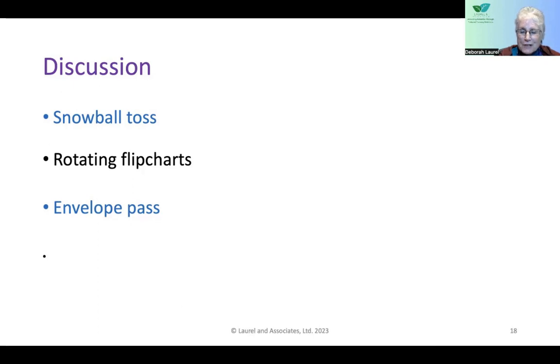Rotating flip charts. It's kind of a variation on the gallery walk because it operates in a similar way, but it starts differently. The idea here is that you've got small groups working on different issues.